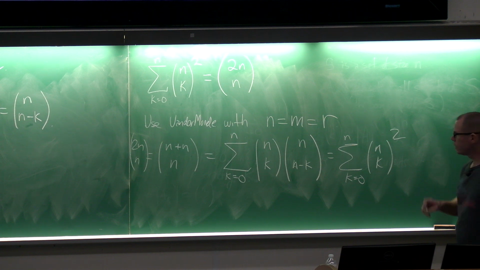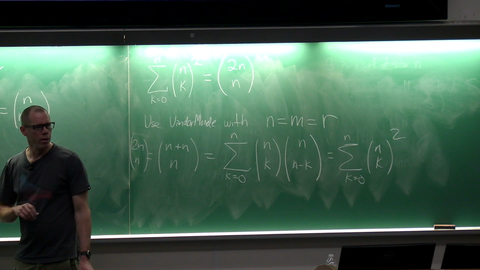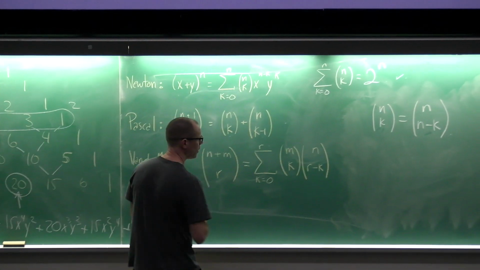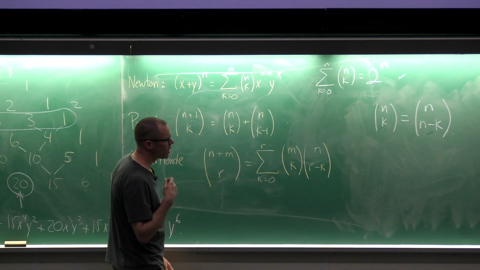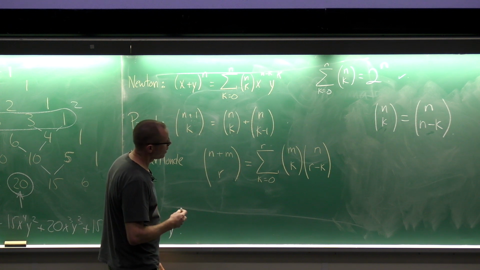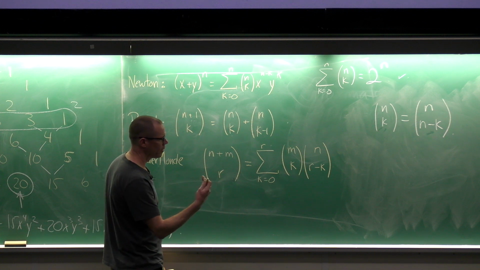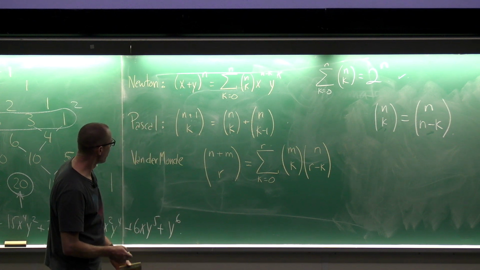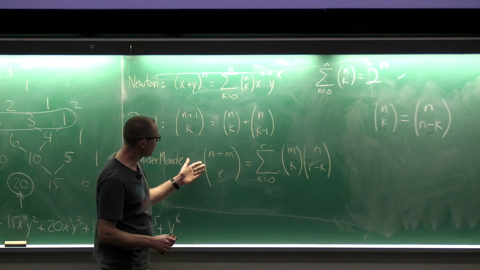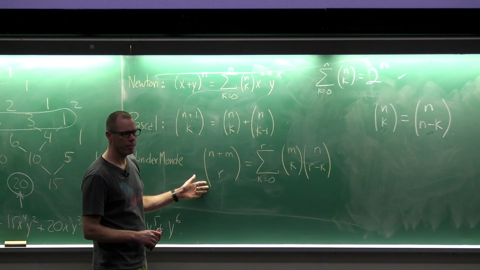How did I decide to set those things? Because I know what I wanted to prove. But it's not really how did I decide to set those things. In fact, it more goes the other way, or the way these things get discovered is more the other way around. You prove this Vandermonde thing, and you say, wow, this is complicated. I have an n, an m, and an r. What happens if I make them all the same?